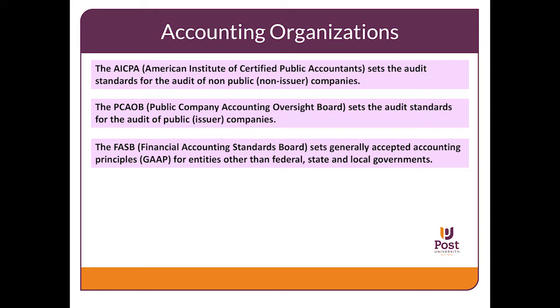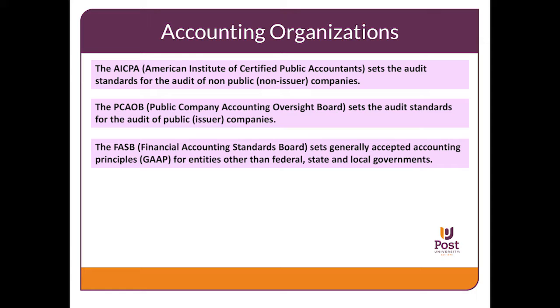The Financial Accounting Standards Board is a private, nonprofit standard-setting body whose primary purpose is to set generally accepted accounting principles for entities other than federal, state, and local governments.